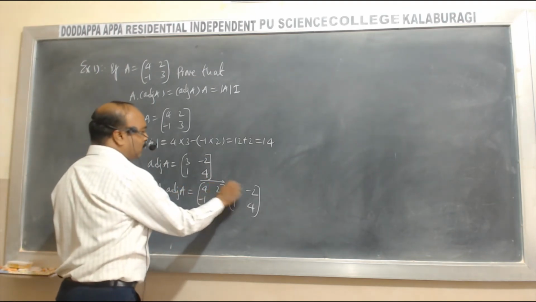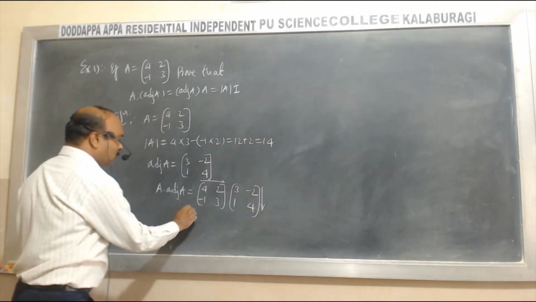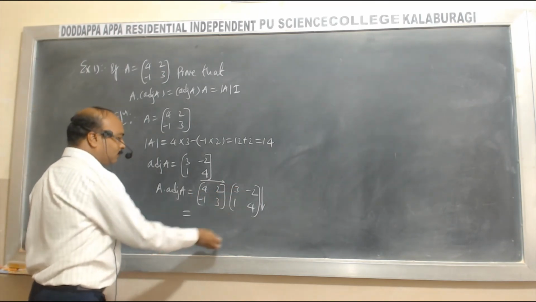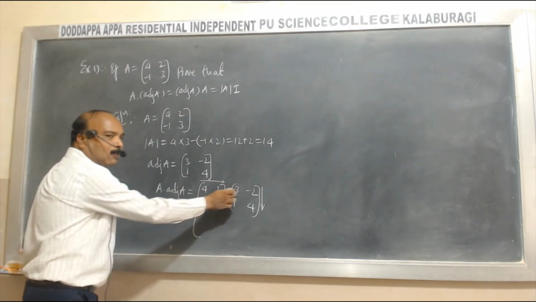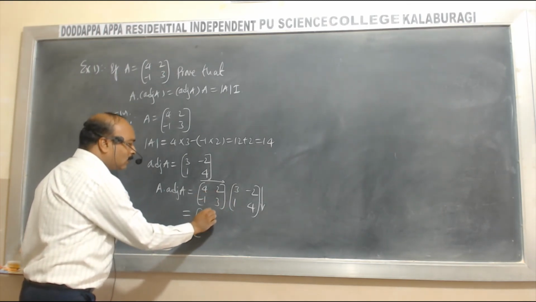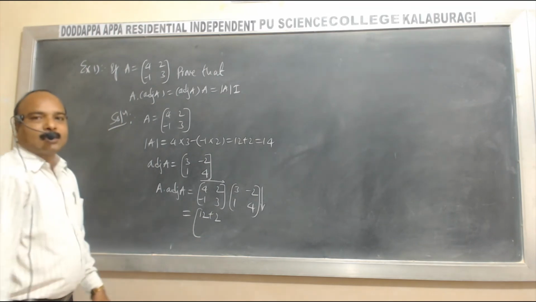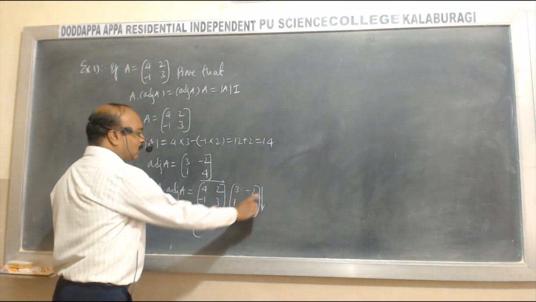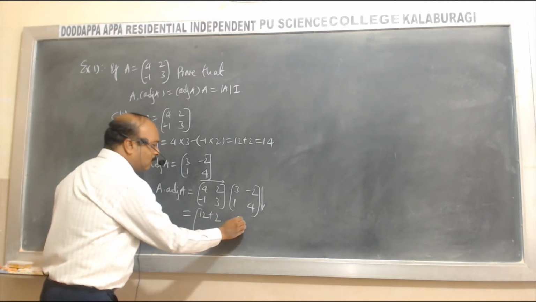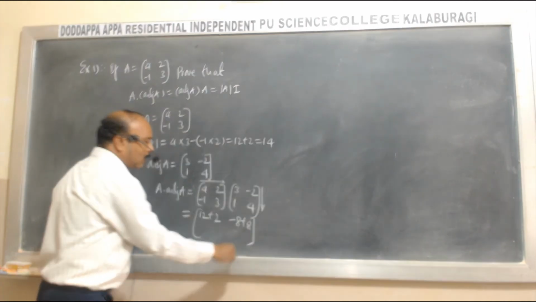Then we go for multiplication of these two matrices by the rule of multiplication. First row with first column: 4 into 3 is 12, plus 2 into 1 is plus 2. First row with second column: 4 into minus 2 is minus 8, plus 2 into 4 is plus 8.